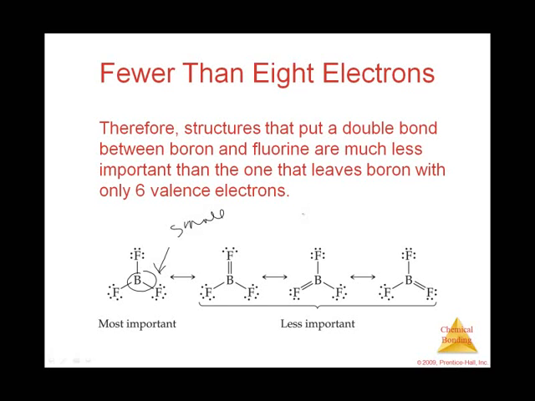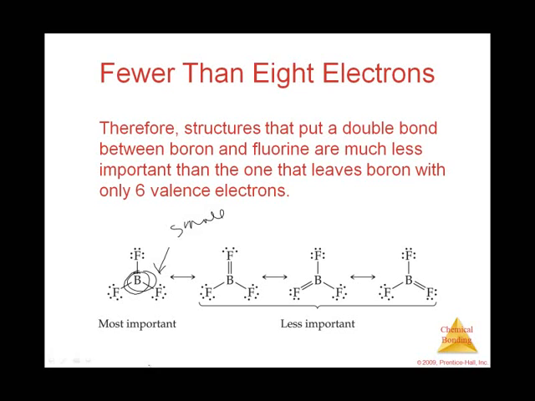If you look at where boron is, it's row 2, period 2, and it's got 3 valence electrons. So it's very small. So it kind of rationalizes that a small atom sometimes can't fit all 8.